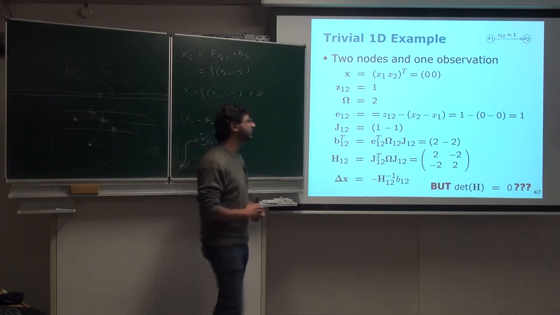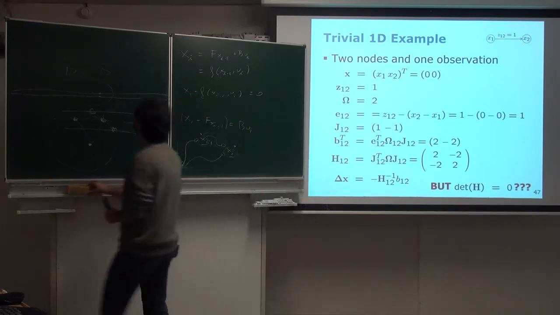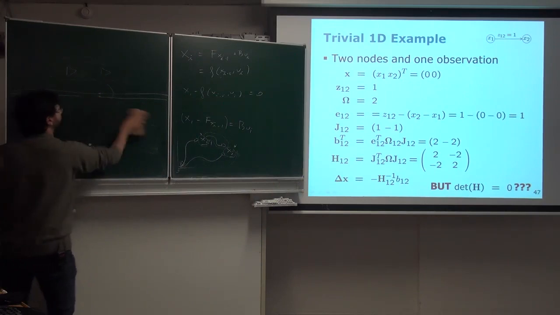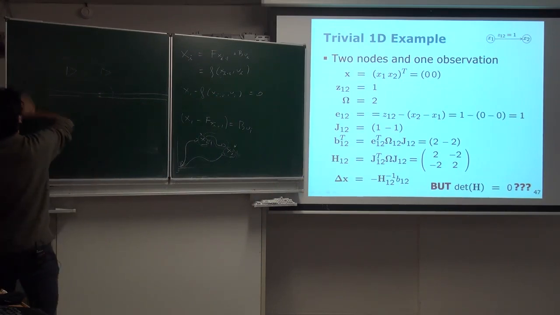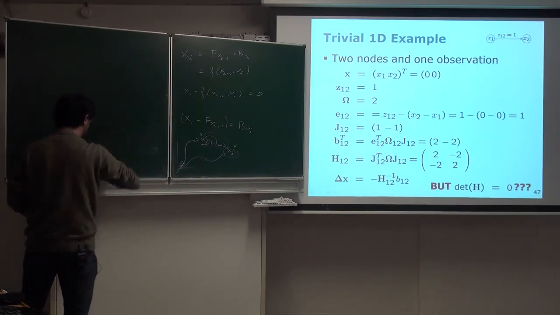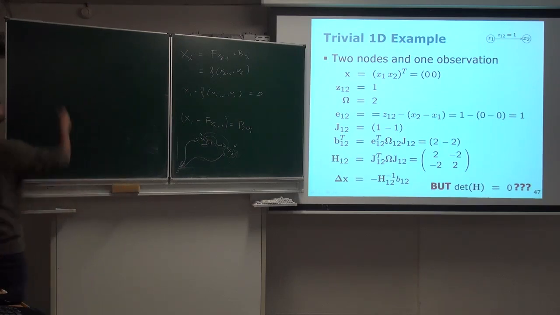So let's try to do an analysis in this way. Whenever I have a linear system of the form Ax equal b, the rank of A, which tells us how many independent equations there are, tells us a lot about this system.